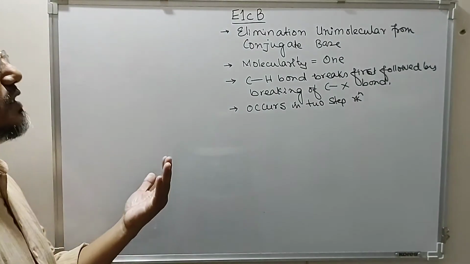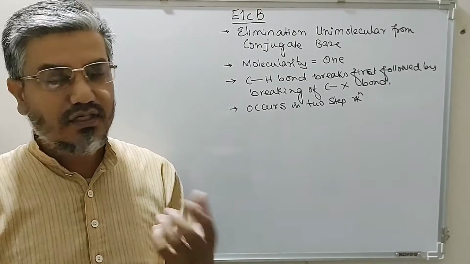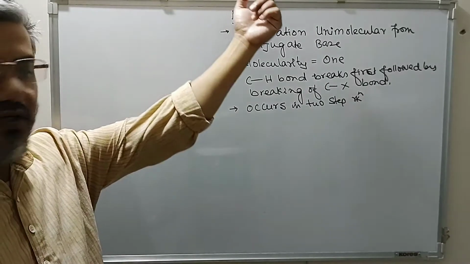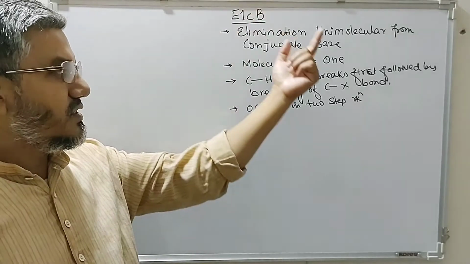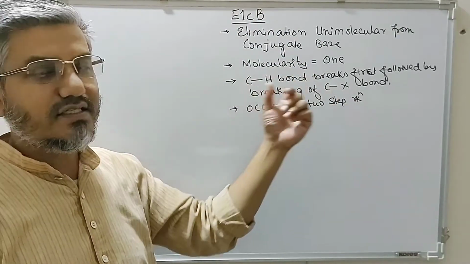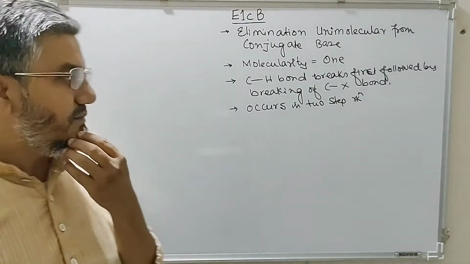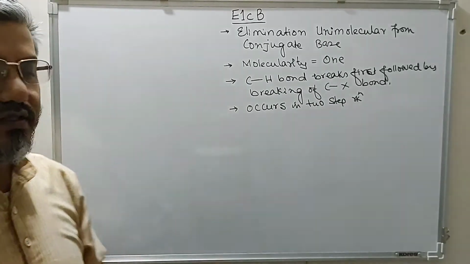In the previous one, E2, reaction occurs in single step, that is concerted or single step reaction. That reaction was molecularity 2. In the first reaction, both CH and CX bond break simultaneously in the single step. Look at this. Here the reaction is a two-step reaction.